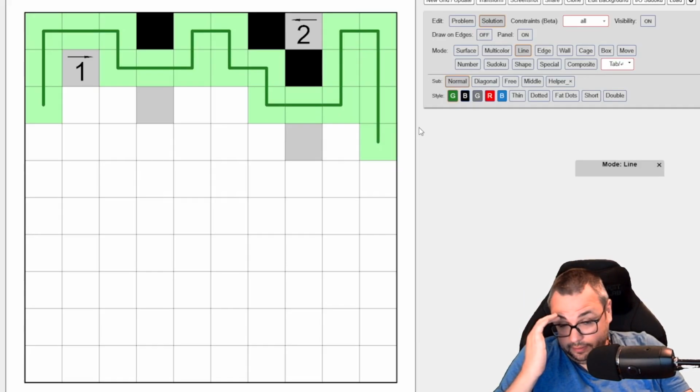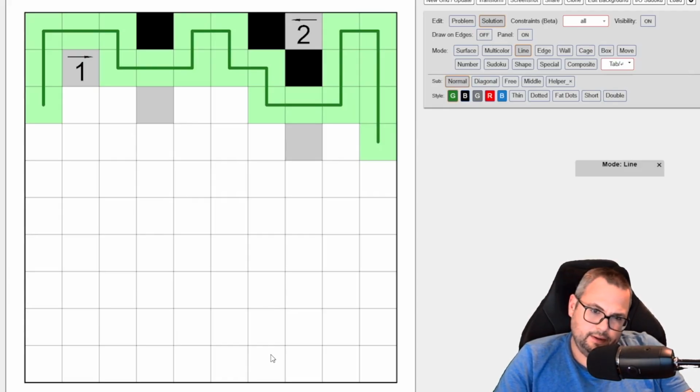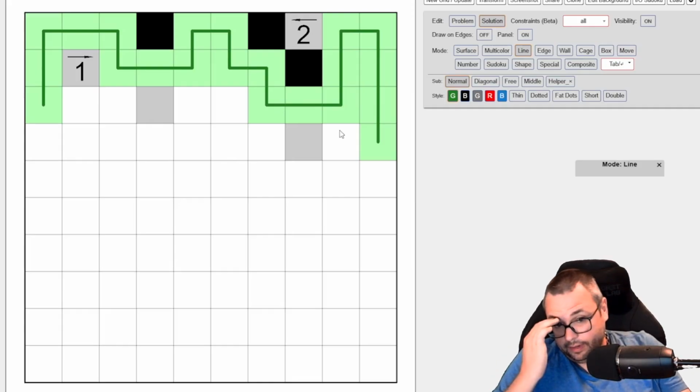Okay. Now that we've got that, we've got this sort of areas for future clues. It'd be nice if we could make this cell green. Or indeed not green.